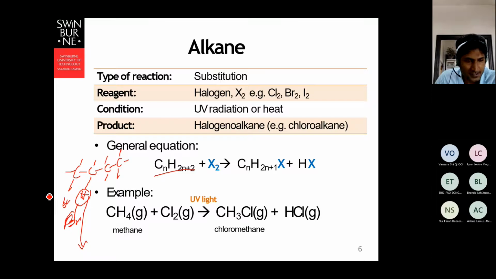Chlorine is good, bromine is good, but iodine is a very big molecule. Iodine has 53 electrons, so it is very big.